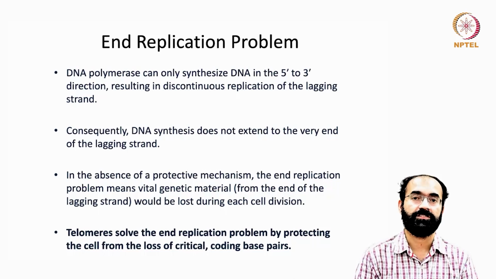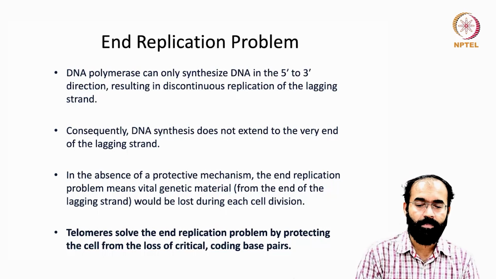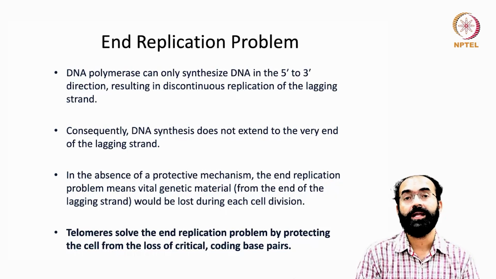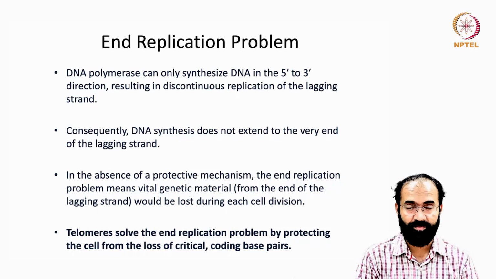So 10 bases are lost. You don't want that to happen, because then the gene will start producing incomplete products. So telomeres solve the end replication problem by protecting the cell from the loss of critical coding base pairs. Telomeres don't have any coding sequence, hence it is perfectly fine.